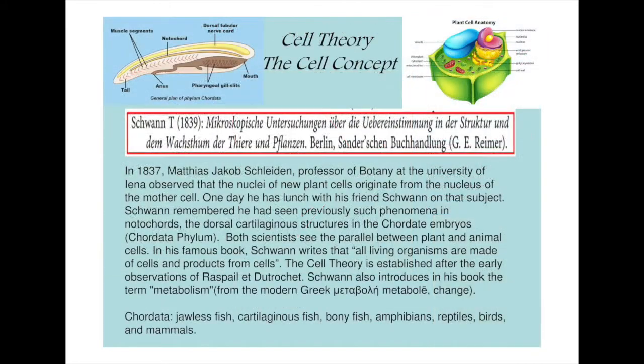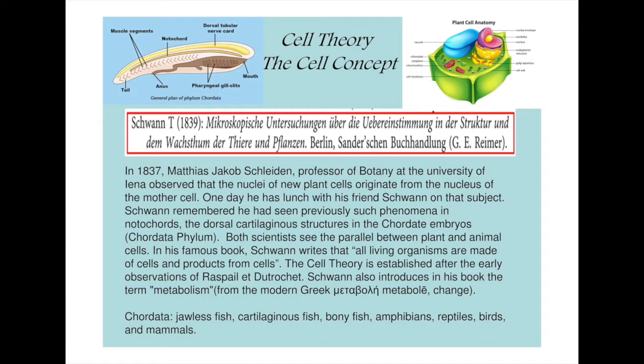In 1837, the professor of botany at the University of Vienna, Matthias Schleiden, observed that the nuclei of new plant cells originated from the nucleus of a mother cell. Discussing with his friend Schwann, Schwann remembered he had previously made a similar observation in notochords, that is, the dorsal cartilaginous structure of chordate embryos.